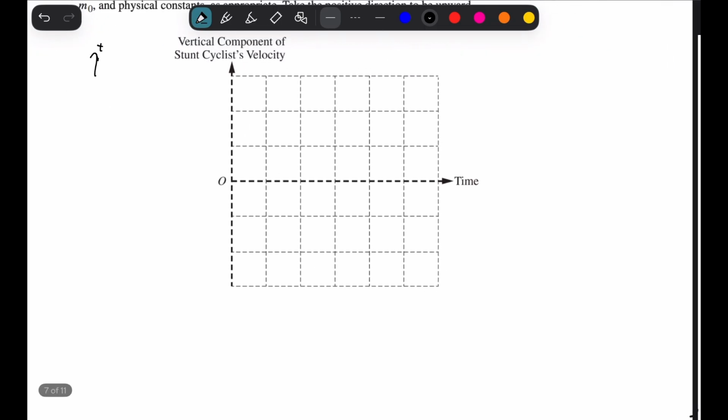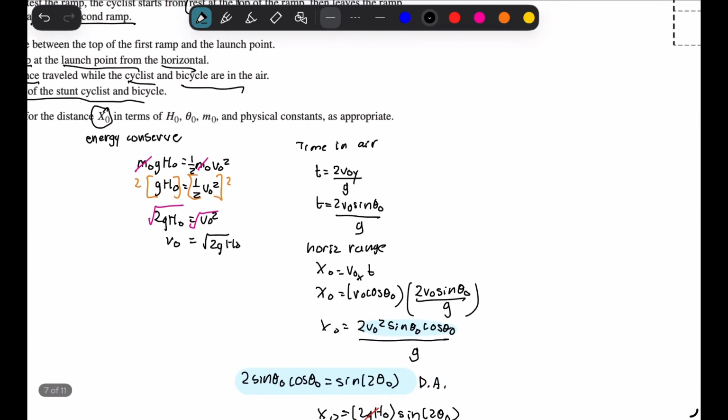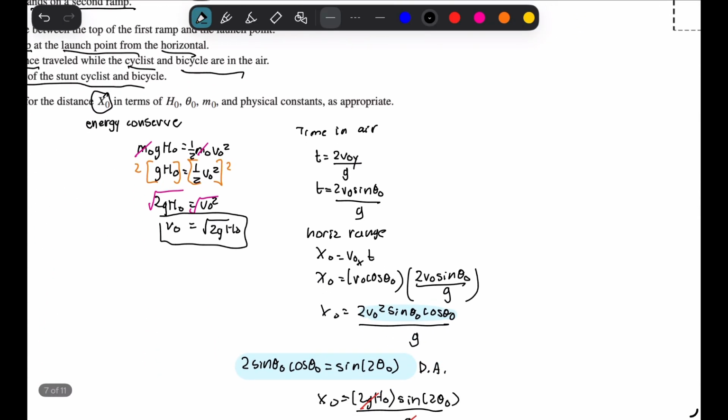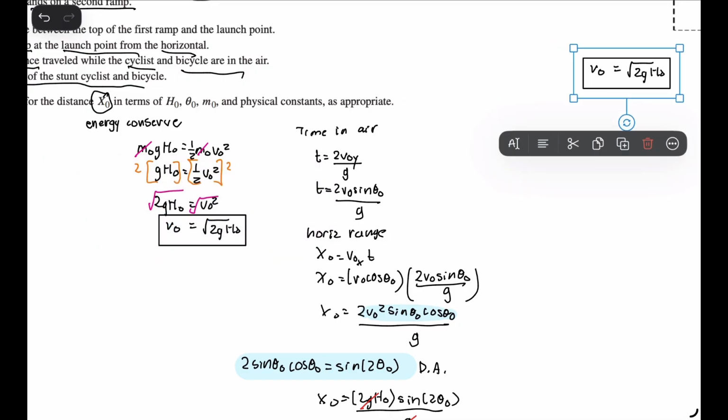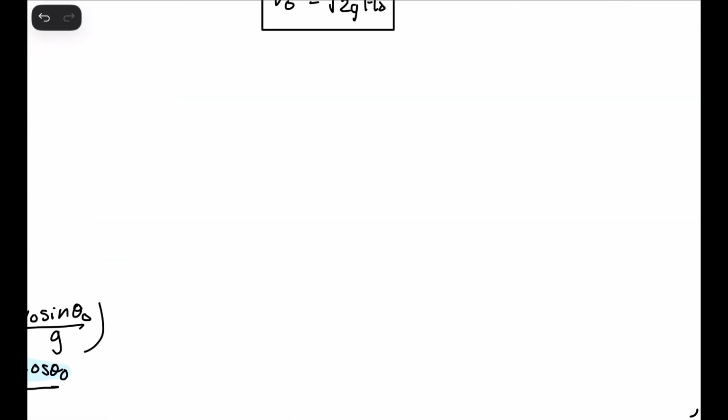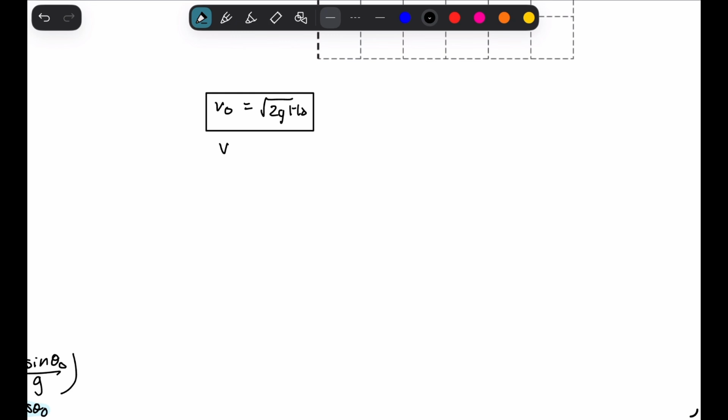So we already have from over here this formula for v initial. We can use this. We know that our initial vertical component is v initial sine theta. So vy initial is equal to this.